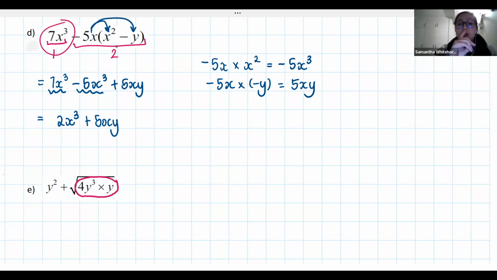Excellent. Well done. So guys, this 5xy, as Chantal has just said, it is not a like term to the x cubed terms. So that's it. I stop there, can't do anything more. I've got no more like terms to add or subtract. And so I'm finished. Right, and Nkululeko, do you want to do E for us?